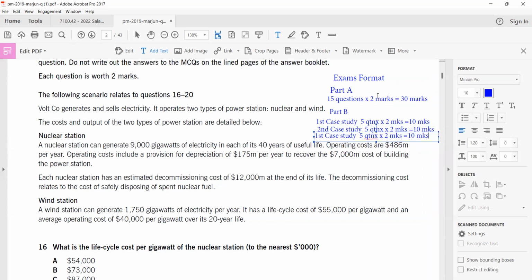So in effect, part A gives us 30 marks, and part B gives us 30 marks. Then lastly we have part C. Part C is where we have slightly longer case studies. We have 2 main questions, and the first question is worth 20 marks in total.